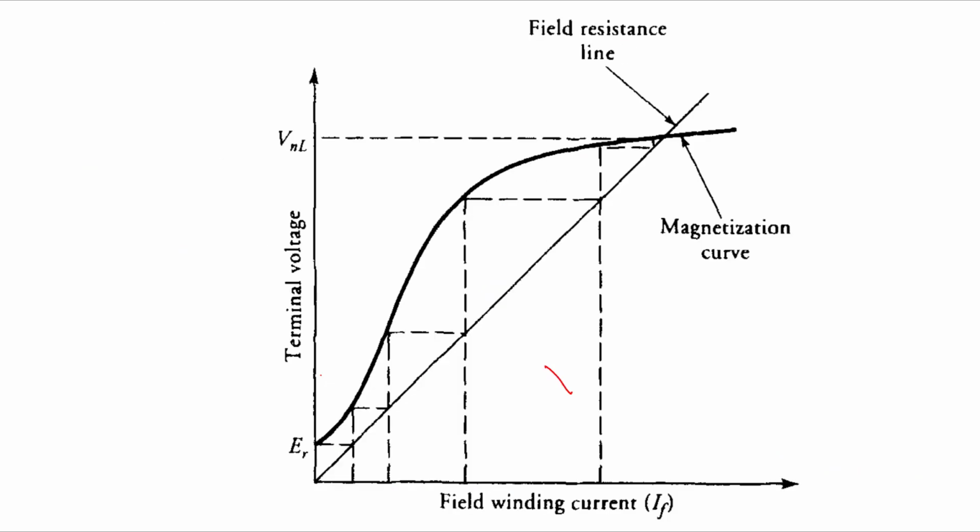And this phenomenon we can see very clearly in this picture. Here this ER is the voltage generated in the armature because of the residual flux phi R. Now what will happen with this ER?